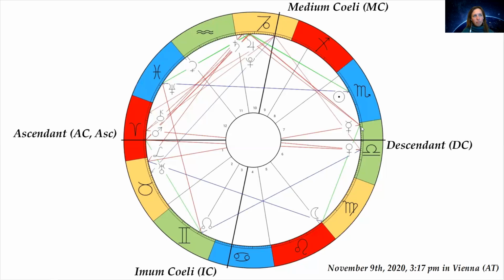So this green line here symbolizes an aspect called a sextile, an angle of 60 degrees. 60 degrees being two signs, 30 degrees each. That's why I was saying at the beginning that knowing a little bit of math, and knowing that a disk is 360 degrees divided by 12, making 30 degrees for each sign, is a little bit important to have in mind.